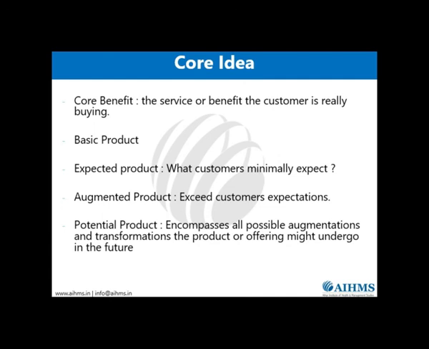When you talk about an expected product, it needs to be seen whether the customer's minimal expectations are met or not. An augmented product is one that exceeds customer expectations, because for the money it has been bought, the value is quite high.